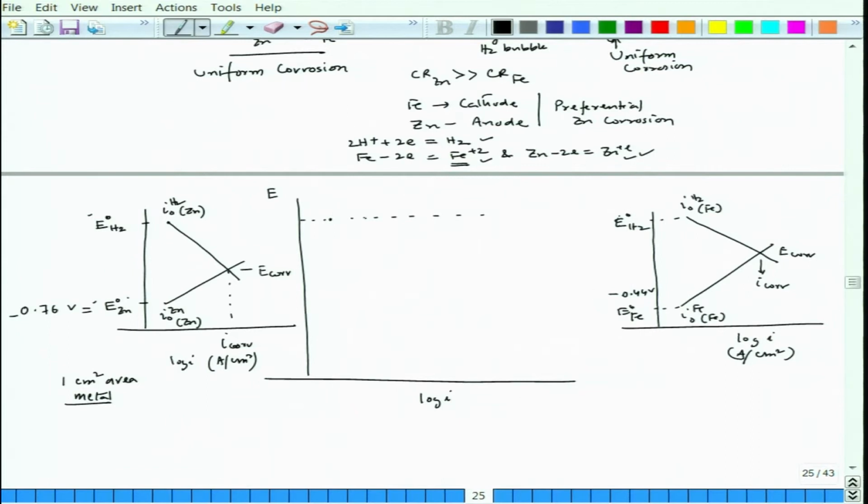Let us say this is I 0 for hydrogen on the zinc surface, this is I 0 on the iron surface, and the position of this is E 0 for Fe, and let us say it is here.